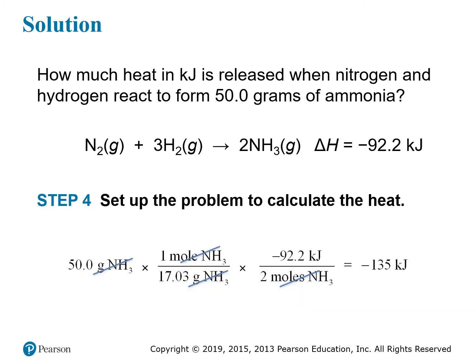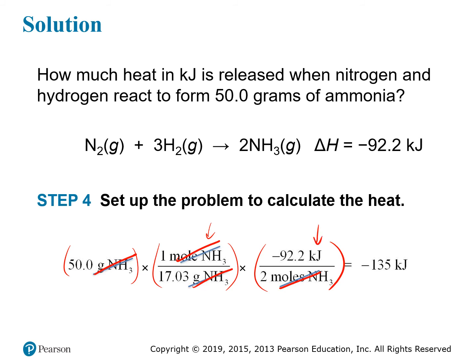So now we can set up the calculation to make the units cancel out and give us the answer that we're looking for. We start from the mass of ammonia that was given, and the first conversion factor will convert mass to moles. So the mass of ammonia cancels the mass in the denominator, and that leaves us with moles of ammonia. And then the second conversion factor is going to cancel moles of ammonia and leave us with kilojoules.